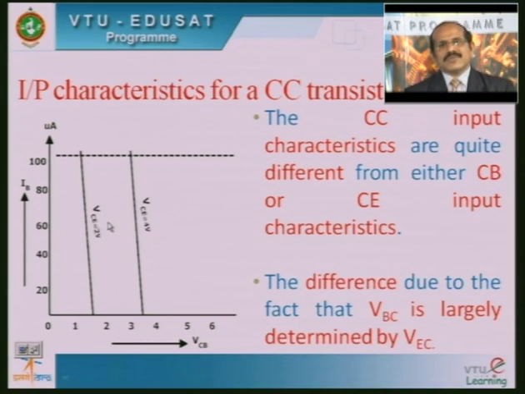You have seen that for the common emitter as well as the common base, the input characteristics are almost similar to those of a forward biased PN junction diode. However, in this case, the input characteristics of BJT in common collector configuration look totally different from either the common base or the common emitter configuration.